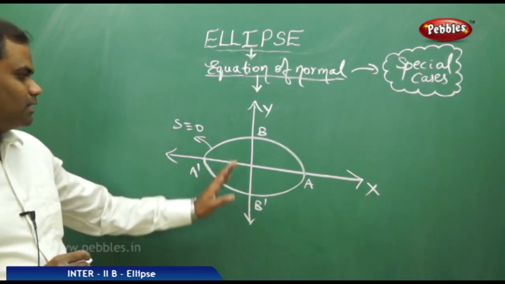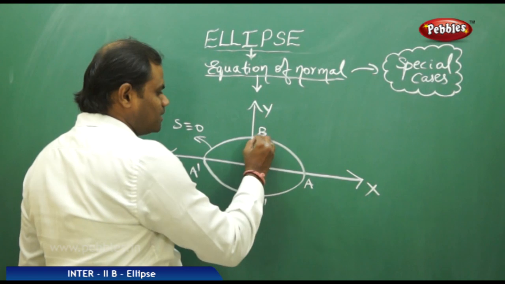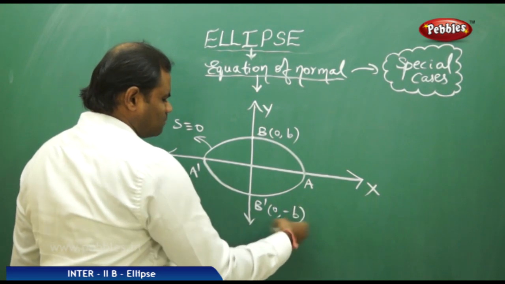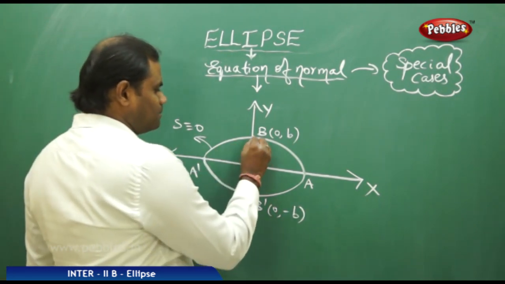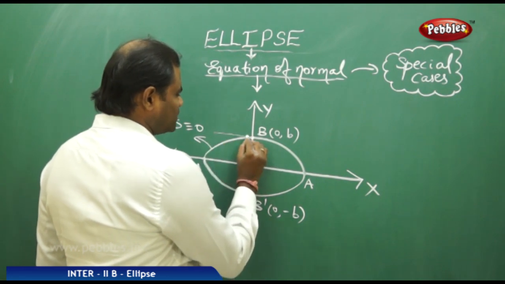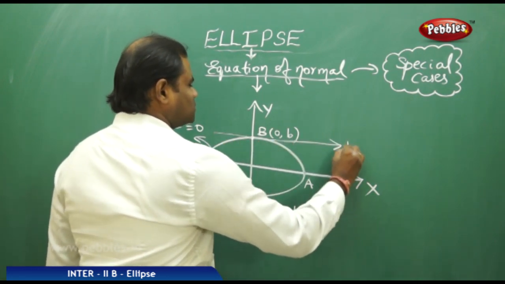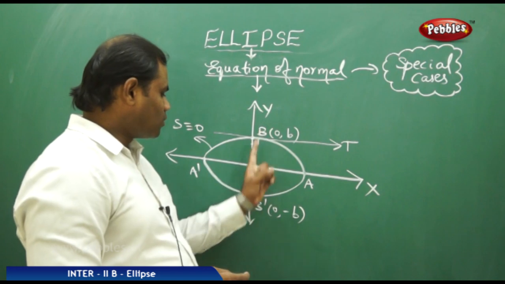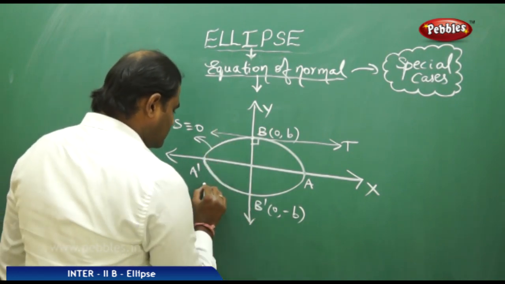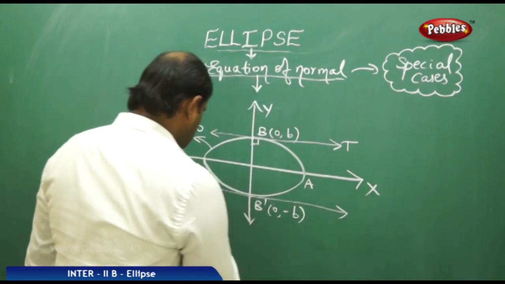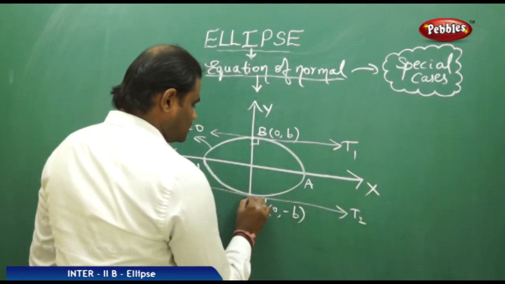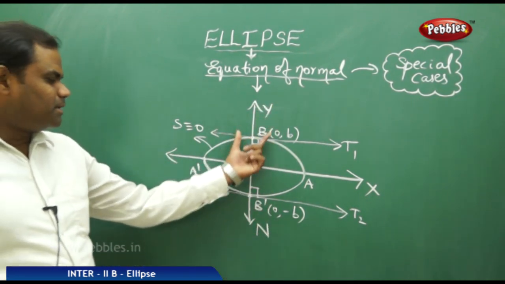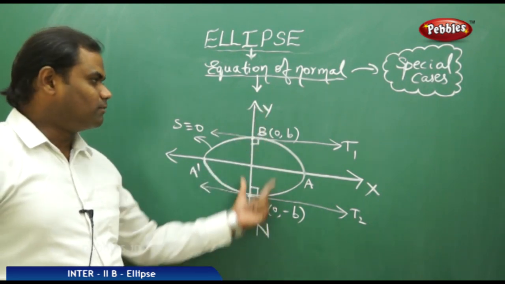If I want to find the equation of normal at B, the points are (0, b) and (0, −b). If I draw the tangent at B, it is exactly perpendicular to the y-axis. Therefore the special case is that the tangents at B and B dash are parallel, and the normal at B and B dash is the y-axis.